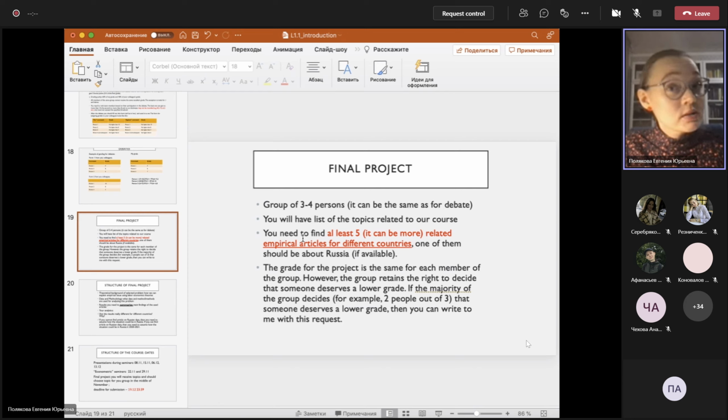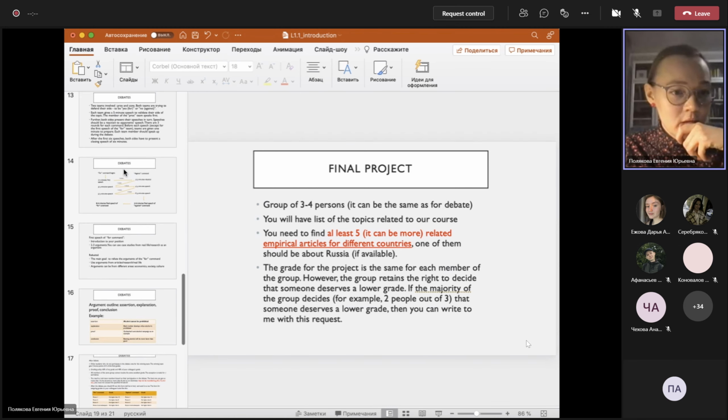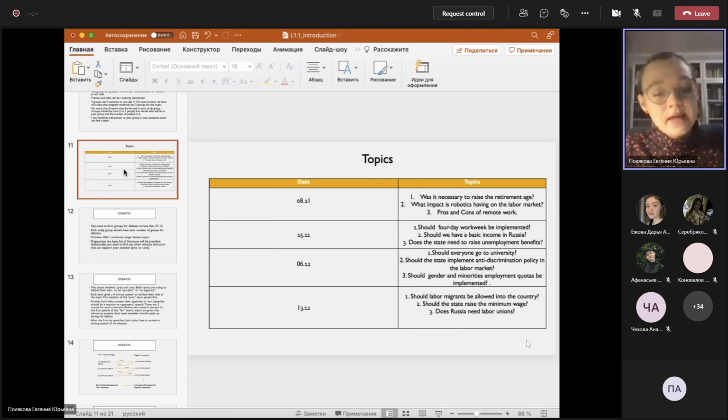Any other questions? Can you switch to the slide where there are examples of debate questions? Here. I'd like to ask whether the first question, for example, is for the first group, the second question is for the second group. No. As I said, it will be randomly distributed.